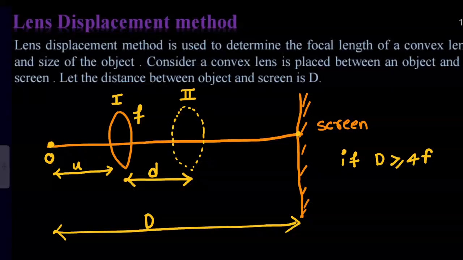If capital D is greater than or equal to 4f, then the lens has two positions so that an image will be formed on the screen. This is called the lens displacement method.